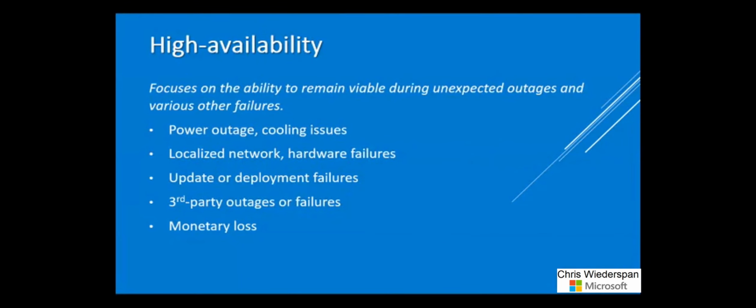Power outages, cooling outages, and obviously localized network hardware failures happen all the time in the cloud. The goal is that we, on the hyperscaler side, hide that from you with our own internal HA and architecture, but it still happens. Unfortunately, on the Azure side, we've had our fair share of outages in the last year or two.